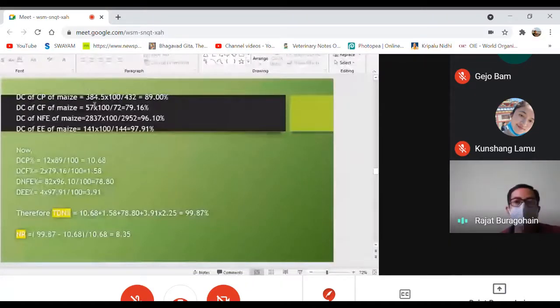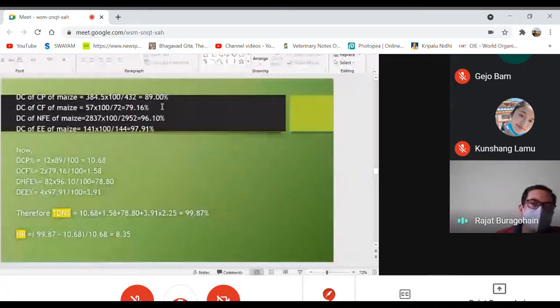Or we can say nutrient intake minus nutrient outgo divided by nutrient intake into 100 to give the digestibility coefficient of a nutrient. And in case of maize, since it is CP, CP digested for maize divided by CP intake for maize into 100 to give the digestibility coefficient of CP of maize.